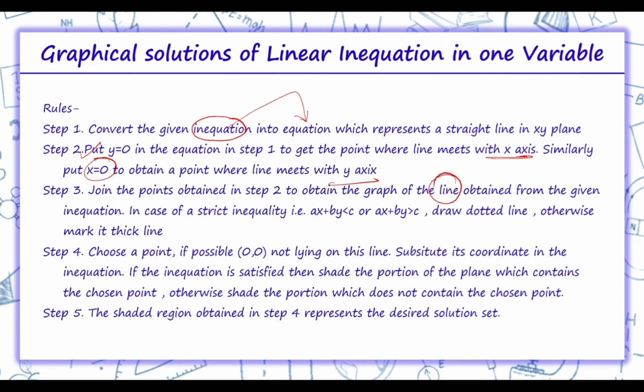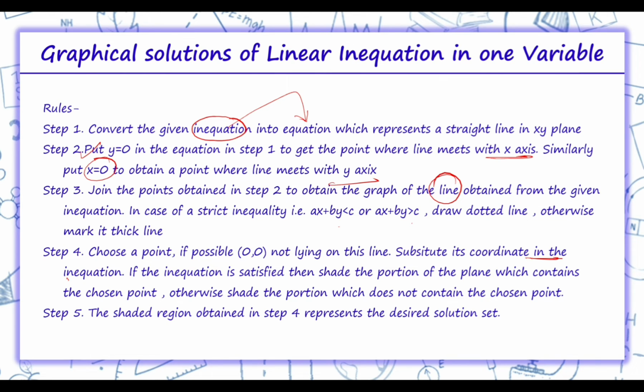We will join both the points obtained in step 2 and we'll get the graph of the line. In case of strict inequality, less than or greater than, we'll draw a dotted line. Otherwise, we'll mark it as a thick line, if it is the case of equal. Then we'll choose a point, such as 0, 0, not lying on this line, and substitute its coordinates into the equation.